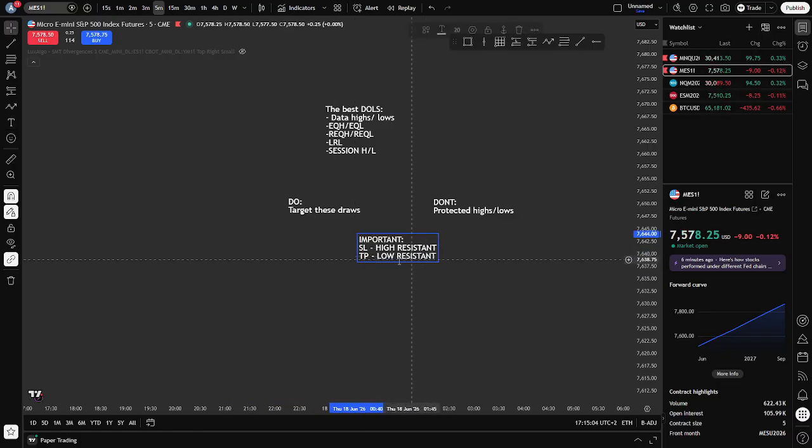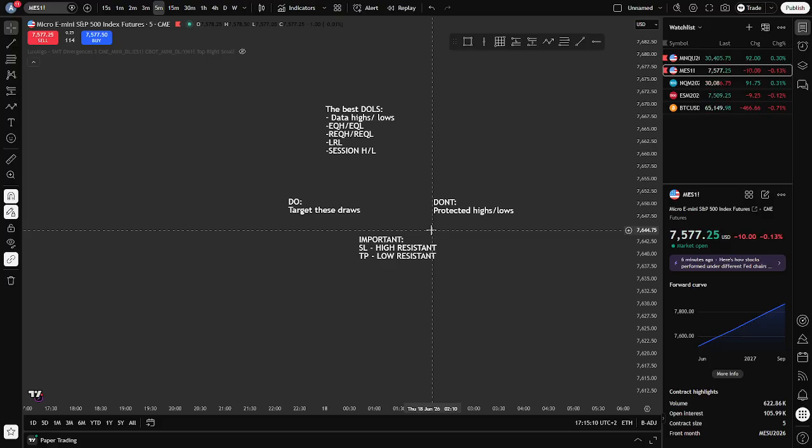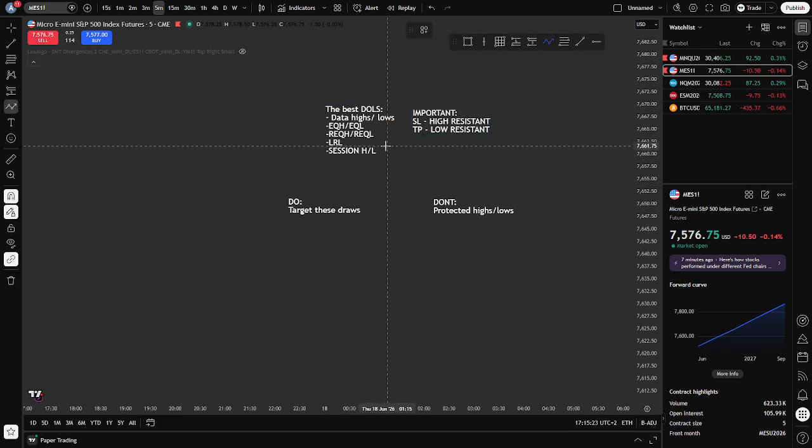This is how you should trade. Your stop loss needs to be high resistance, so whether we sweep out liquidity and tap into a PD array, and the high or low becomes protected, it becomes highly resistant, and your take profit should always be one of these. This is your take profit.